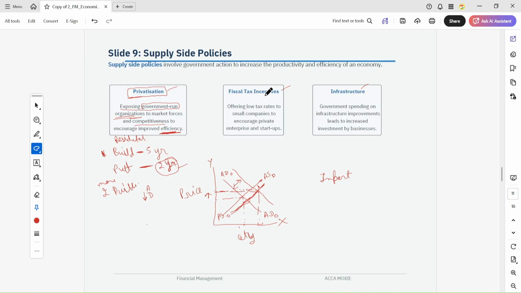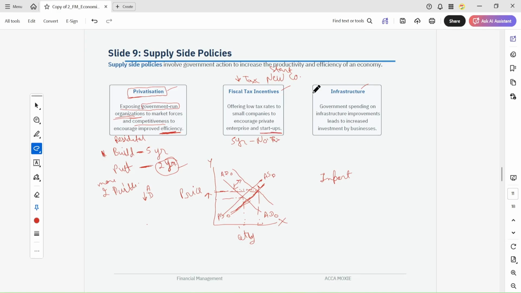Another example is the fiscal tax incentive. So when you reduce the tax, this encourages small investors to invest, to build new companies, to start new companies. So for example, 5 years no tax on startups.